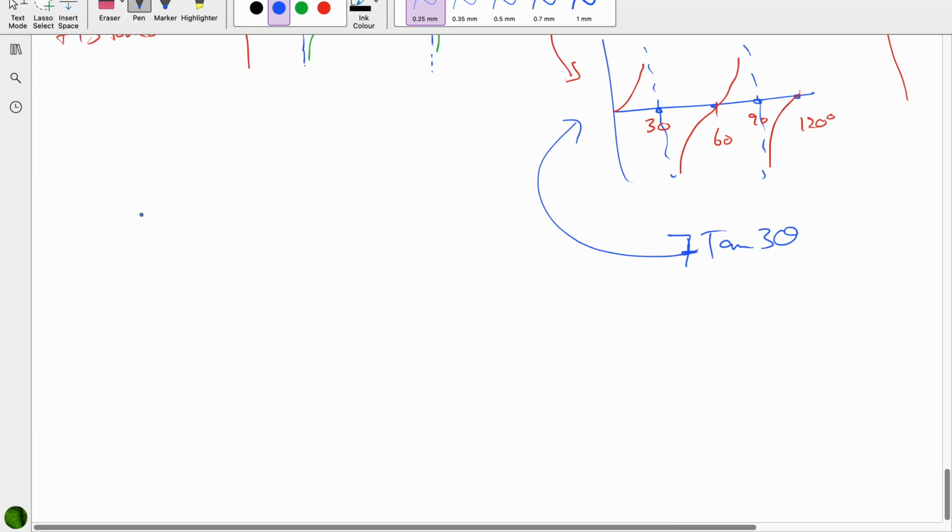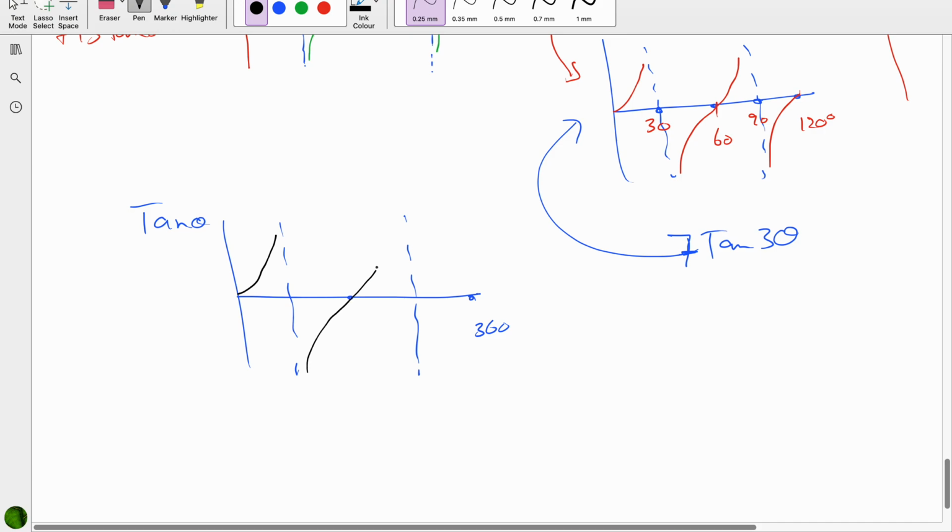Third thing, let's say we have tan theta, first vertical line, second vertical line ends at 360, and we draw graph of tan theta, and then the examiner tells you to draw it for tan theta plus 1.